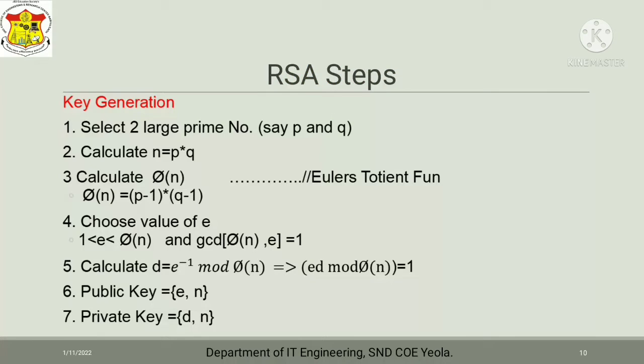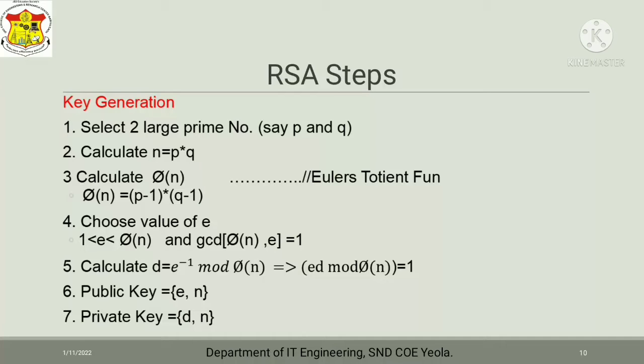So in this program you have the ciphertext and plaintext. To get the ciphertext we have the formula c is equal to m raised to e mod n, and to get back the plaintext we have the formula m is equal to c raised to d mod n.